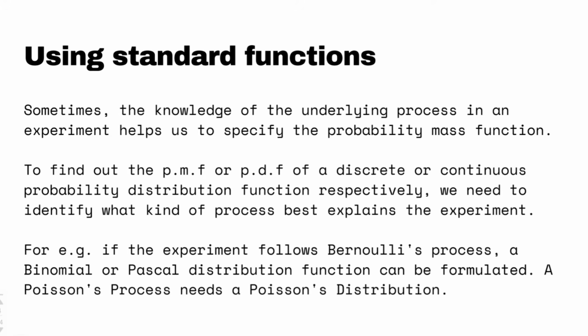So we need to first identify the kind of process that best explains our experiment. For example, if our experiment followed the Bernoulli's process, then we should be using a binomial or Pascal distribution function. And if it is a Poisson's process, then we should be using a Poisson's distribution to find out the PMF or the PDF.